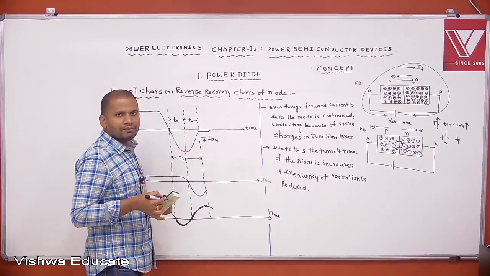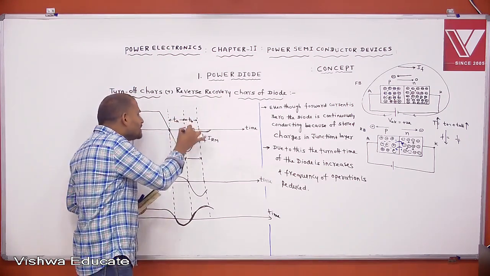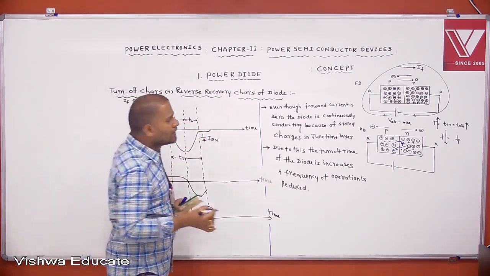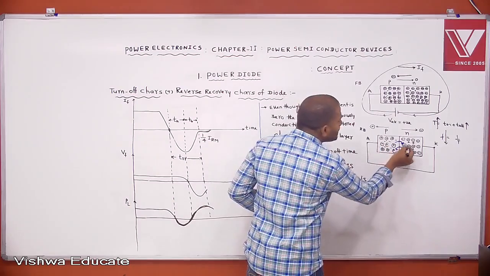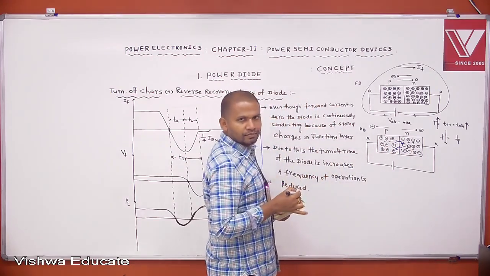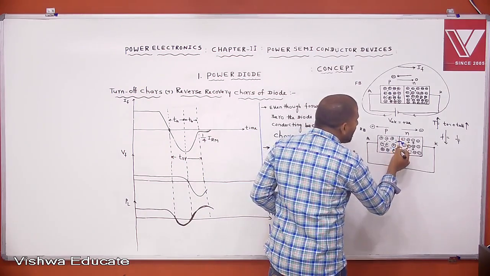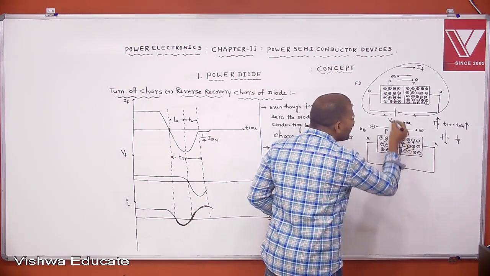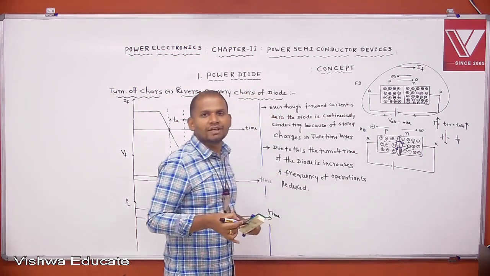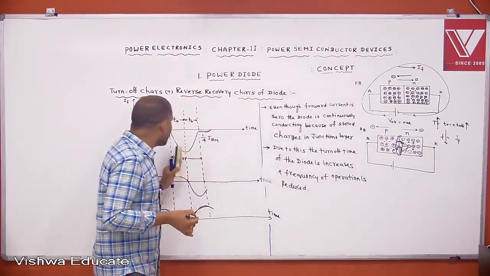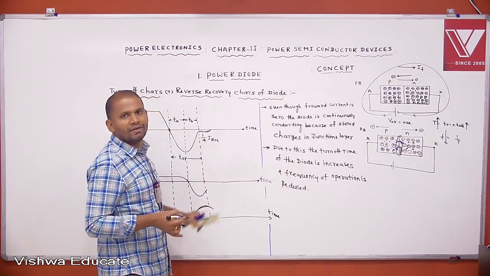During TA time, the stored charges in the layers are removed. During TB time, the stored charges at the junction are removed. Then this total time is the reverse recovery time.